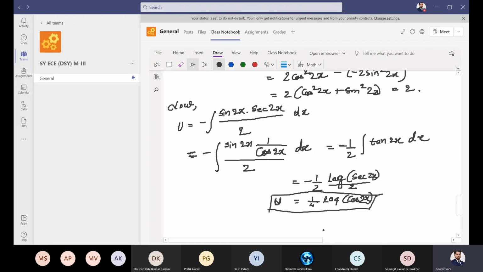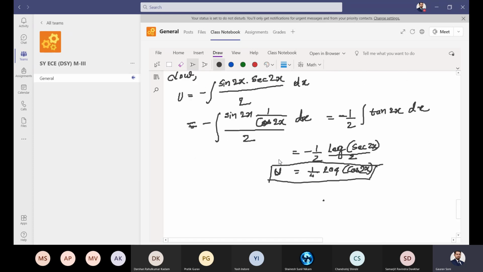Similarly, use the above formula we studied to find out v. The formula for v is integration of y1, which is cos 2x, into f of x, that is sec 2x, divided by w, which is 2, dx.